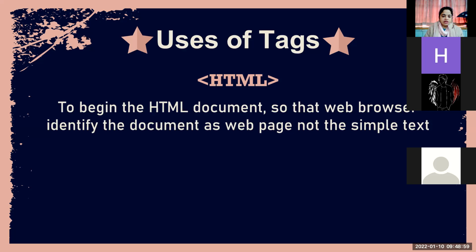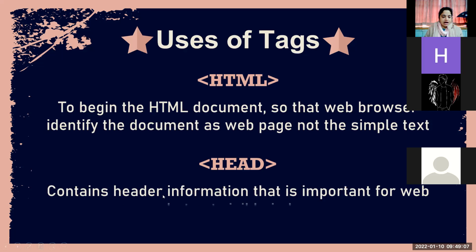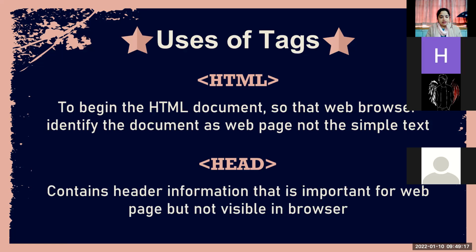Okay. Next we use the head tag to define the header of your web page. Header tag or head tag will have the information about the web page, but that information is not visible in the browser. Head tag contains header information that is important for the web page, but it is not visible in the browser.